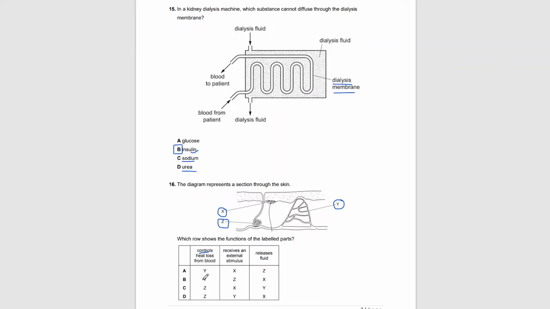It's Y. When the temperature of the skin increases, Y dilates to radiate heat out. What receives an external stimulus? It's X, which is a receptor, and receptors receive an external stimulus and generate an impulse. What releases fluid, which is sweat? Z is a sweat gland, and it releases sweat. A is the answer.